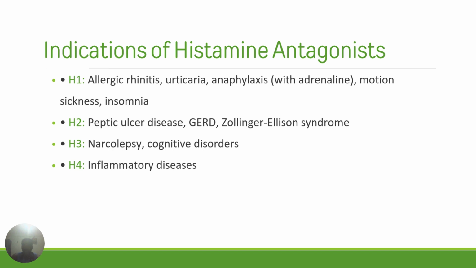For H2, it's used in peptic ulcer disease as well as gastroesophageal reflux disease and also Zollinger-Ellison syndrome. For H3 antagonists, they are used to treat narcolepsy and cognitive disorders, and for H4, they are used to treat inflammatory diseases.